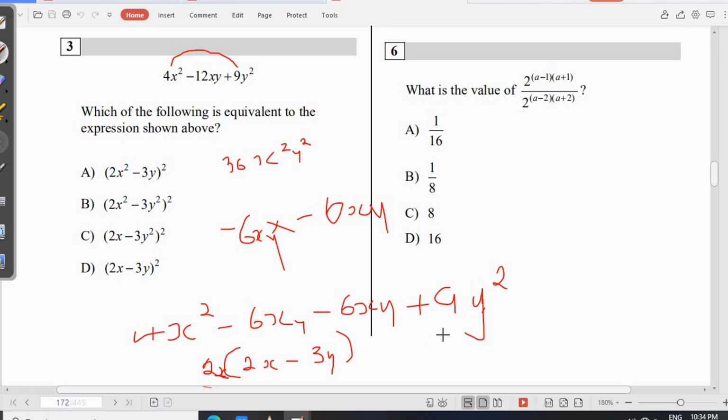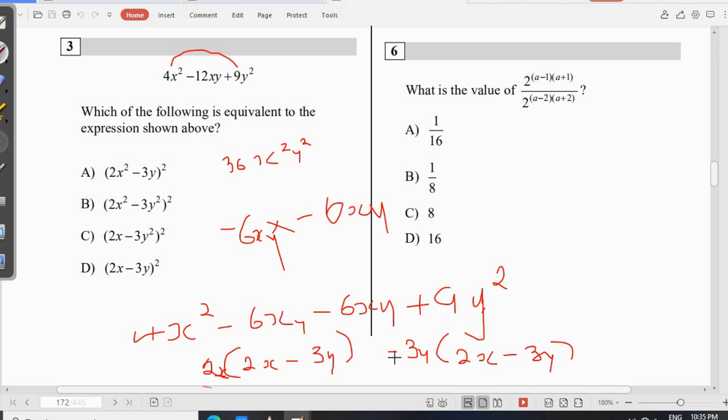That makes sense. So put another 2x minus 3y here. Now what we'll be having is minus 3y, because minus 3y times 2x gives minus 6xy, and minus 3y times minus 3y gives you 9y squared.